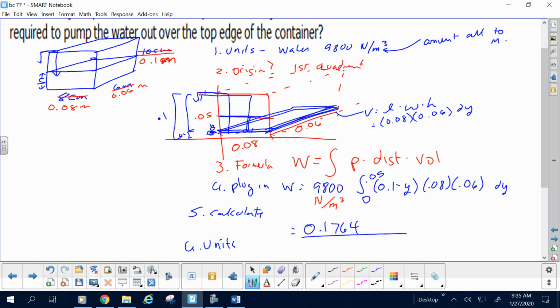What are the units on distance? What are the units on width and length? Does dy have units? It does. Meters. Meters cubed cancels out the three units. You are left with newton meters, and newton meters are joules. Joules. Hey, except for the physics stuff. Yes, Heather.